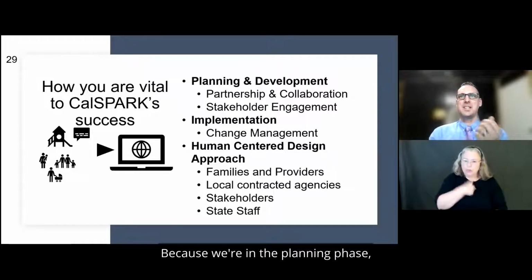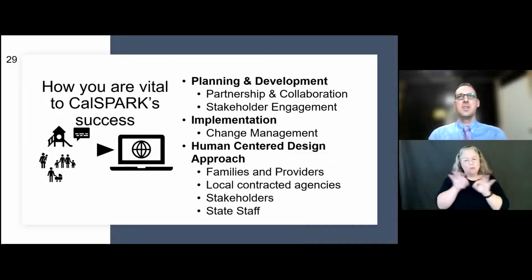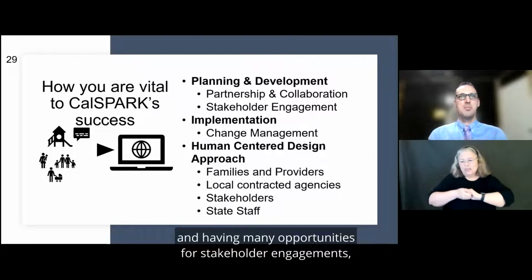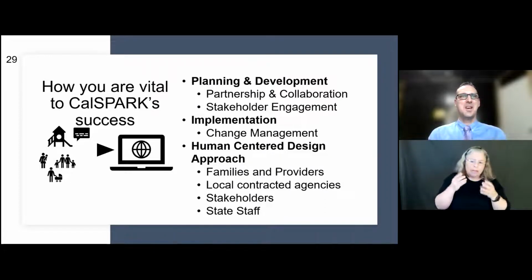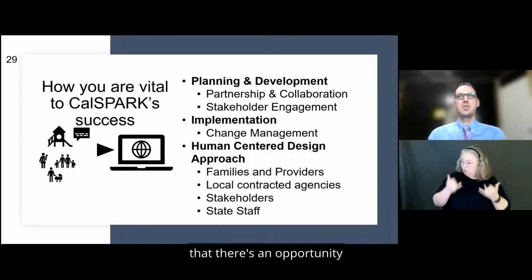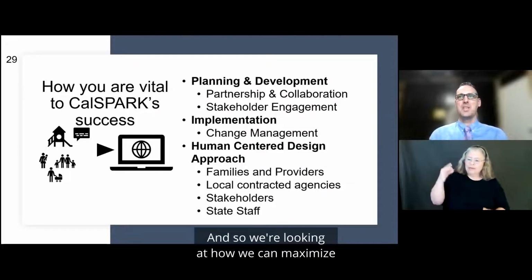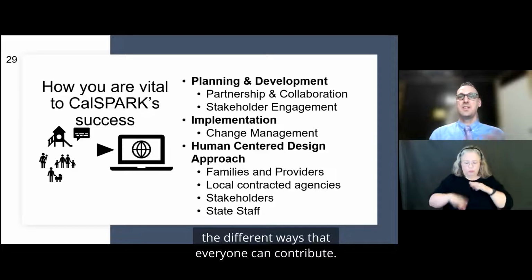Because we're in the planning phase, your partnership and collaboration is extremely important, and having many opportunities for stakeholder engagement. A meeting like this is not the only place that there's an opportunity to collaborate with us, to provide input. And so we're looking at how we can maximize the different ways that everyone can contribute.